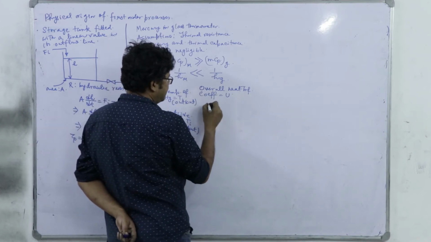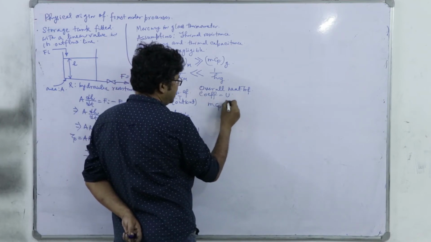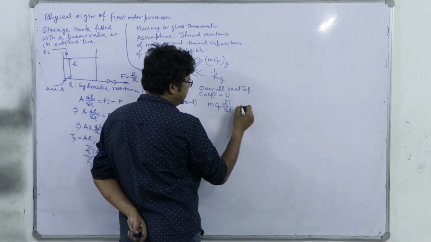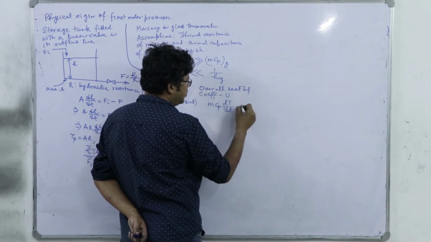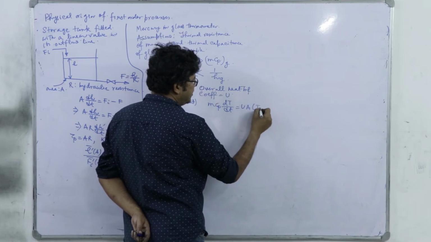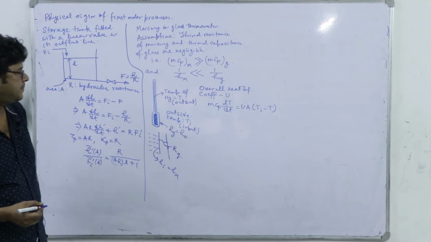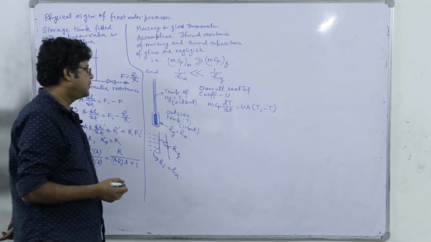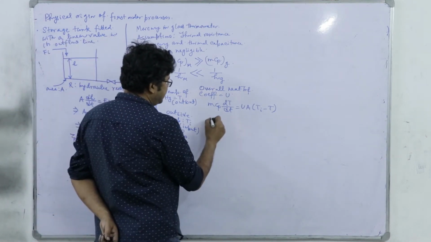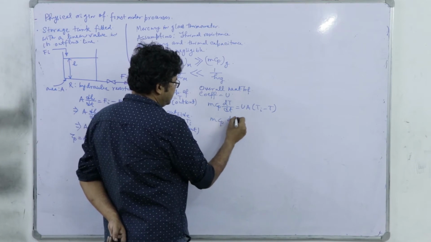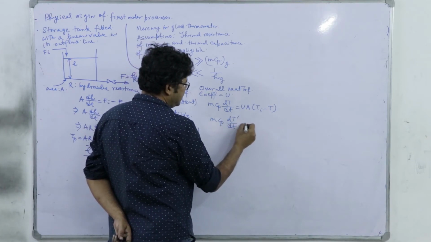So we can write, considering T as the output and Ti as the input, m Cp dT/dt is equal to U A (Ti minus T). Basically, in deviation variables, the form remains intact.